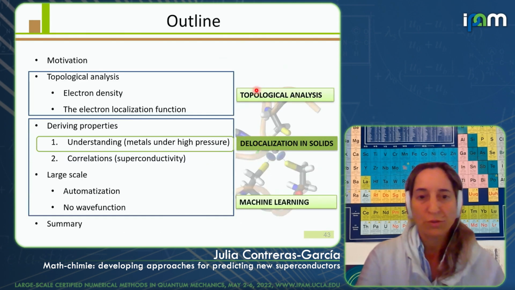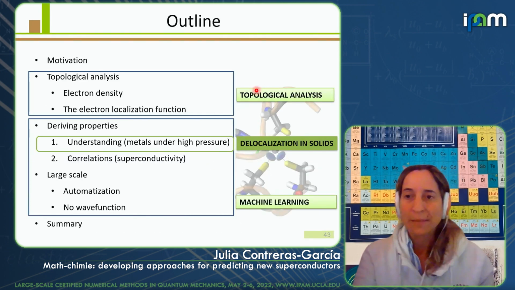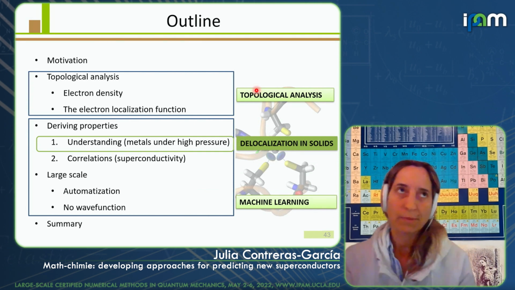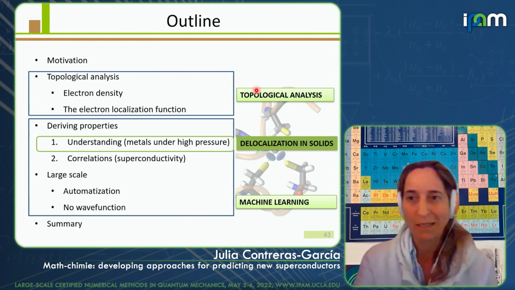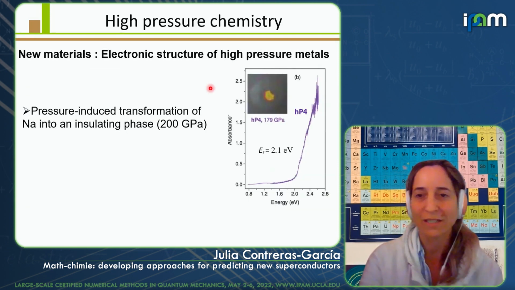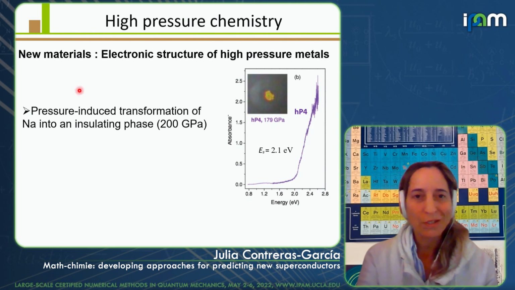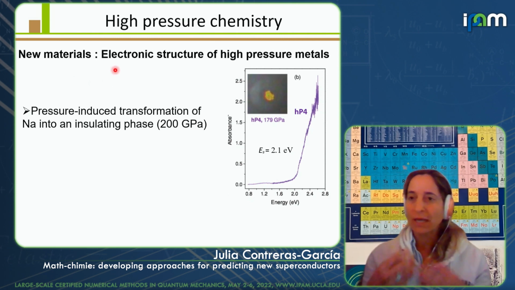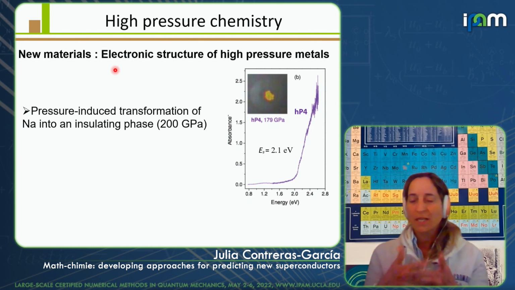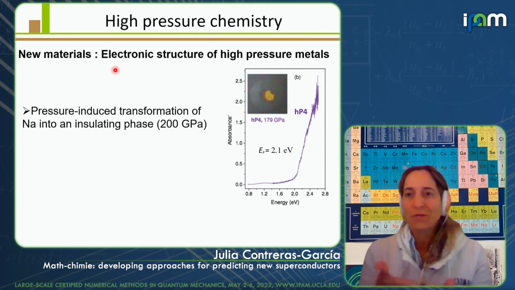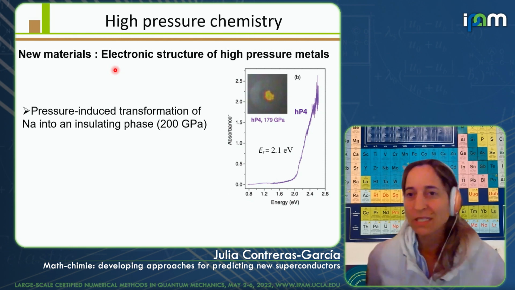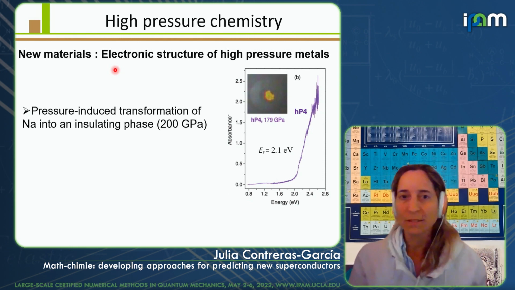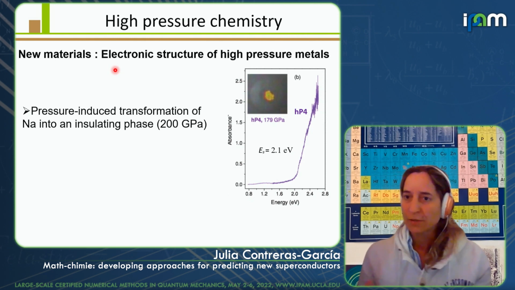For example, let me show you one example of something that happened, I think it was like 10 years ago, maybe more now, because it was in my thesis. Yes, certainly more. So here you have this new experiment of sodium and potassium under pressure. If you ask students in first year chemistry what is the characteristic of sodium or potassium, they will tell you it's a metal, so it's a conductor.